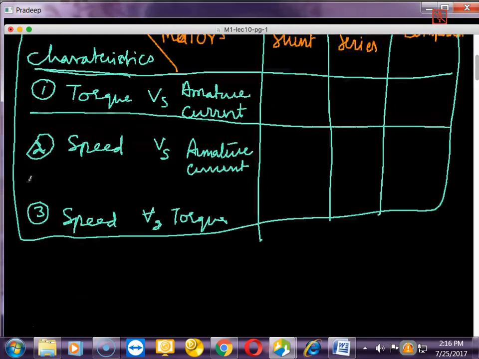So even before we do that, you already know that we had derived the expression for torque of the machine. If you refer to the previous class, the torque of the machine is proportional to the product of flux and armature current. So let me give you the exact expression.